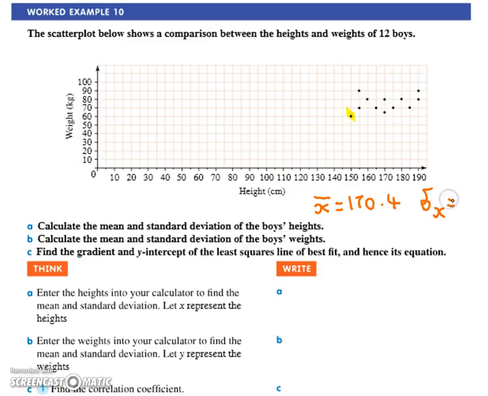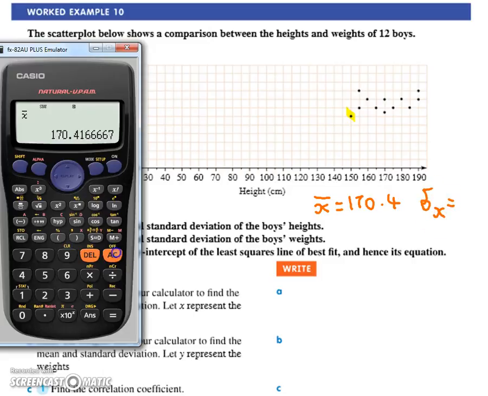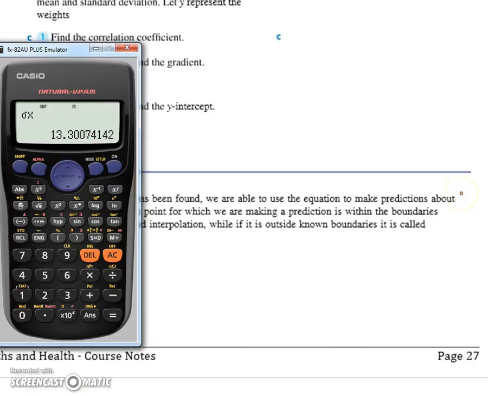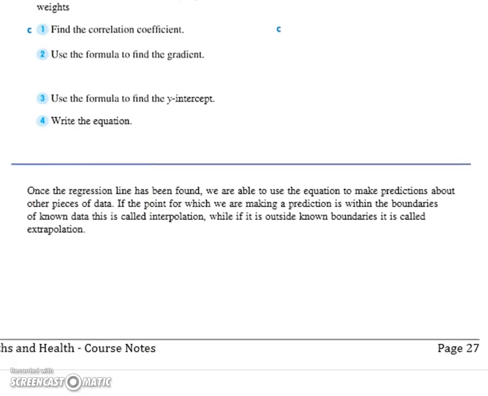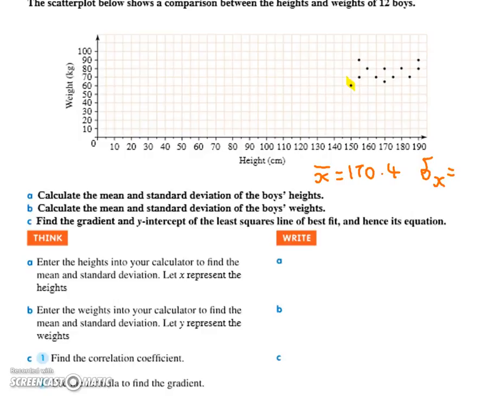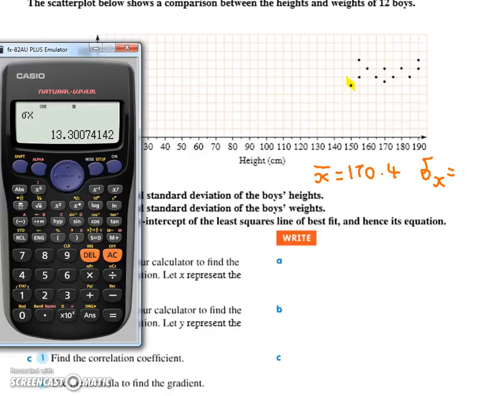What was your standard deviation? Does it? Okay, you've definitely done something wrong there because I'm getting 13.3, but I'm just going to check something.